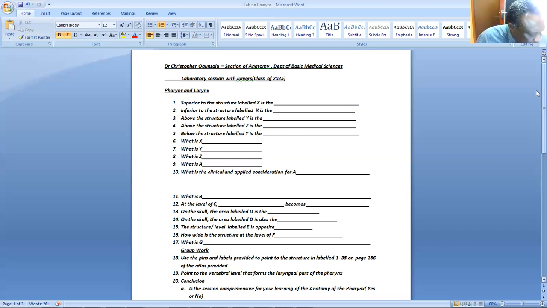And then I say to you in 10, what is the clinical and applied consideration for A, which is the piriform fossa? And the answer is that the piriform fossa will lodge foreign body.